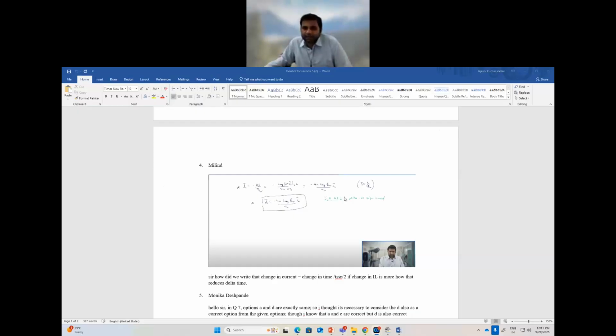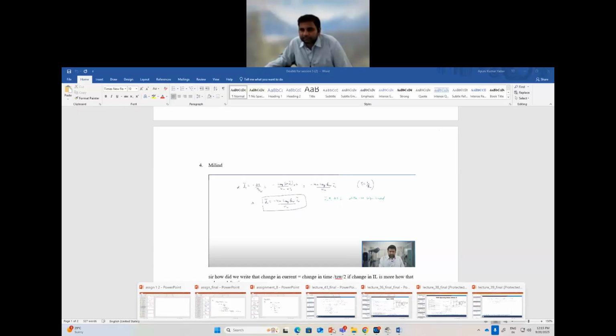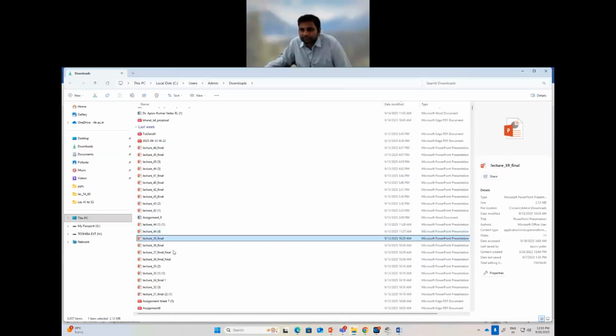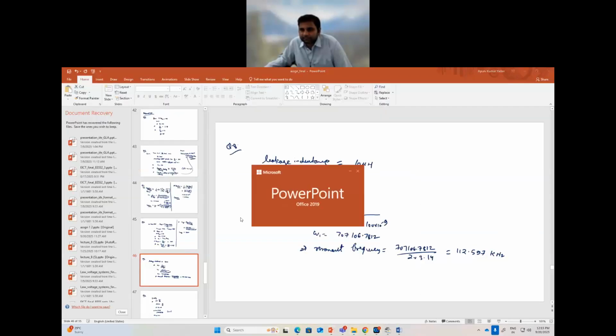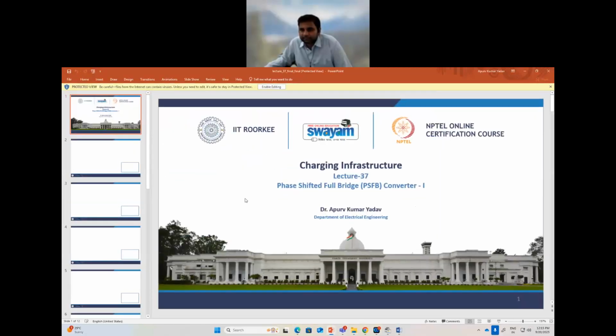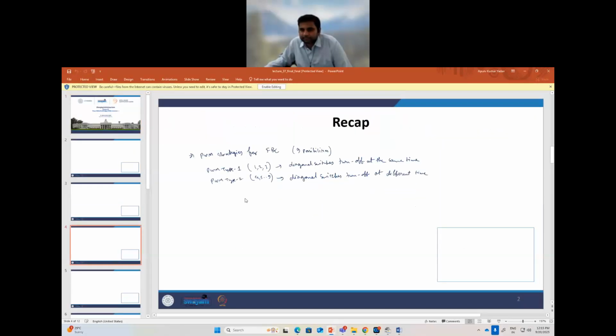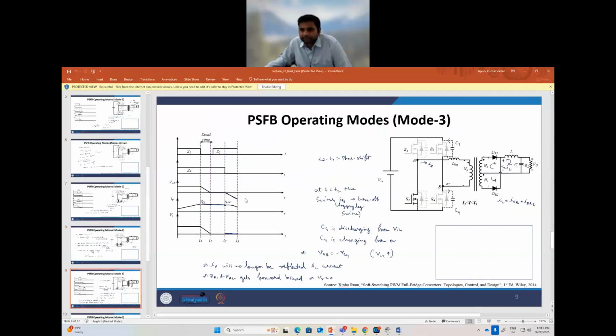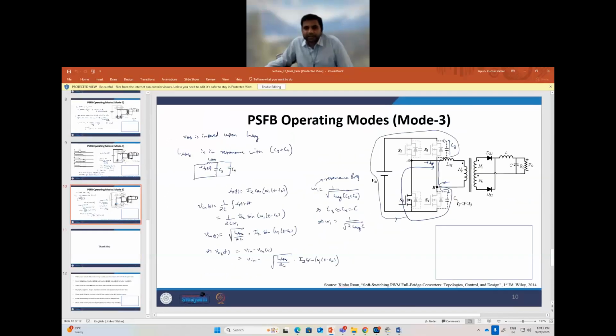In the resonant equations, like in lecture number 37, if we open lecture 37 slide 10, you have drawn the equivalent circuit there. Here, this is coming because this voltage is already at V in.